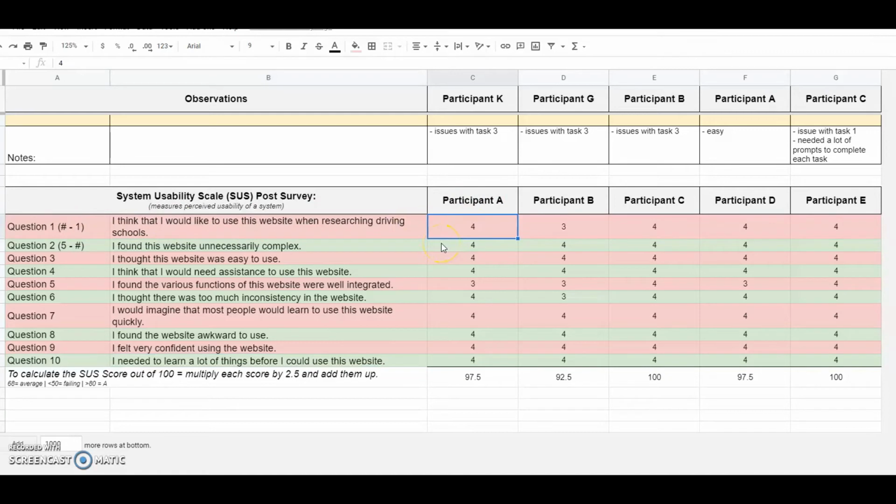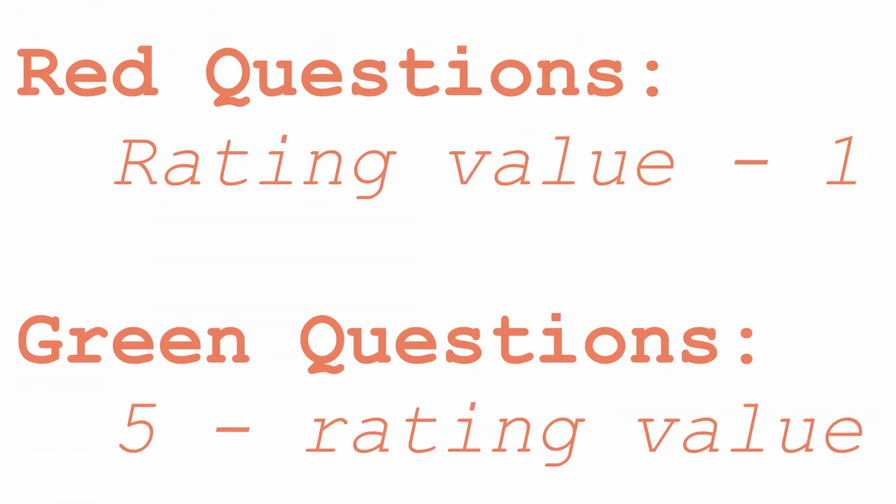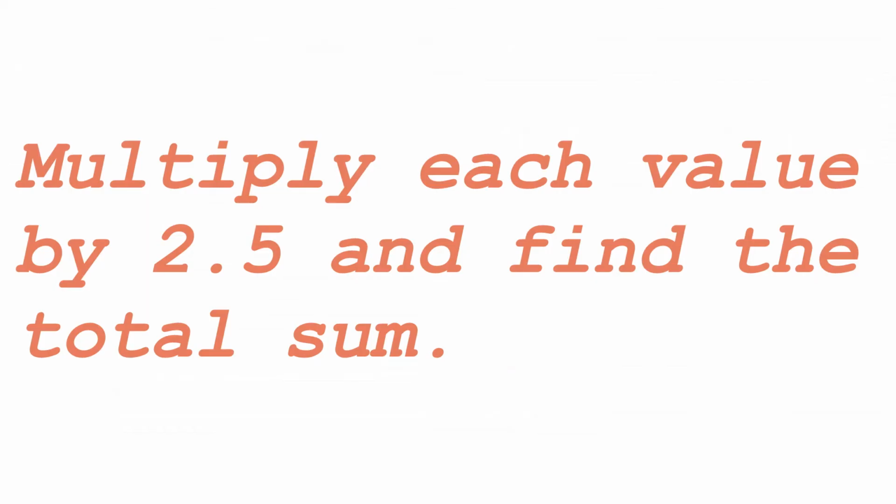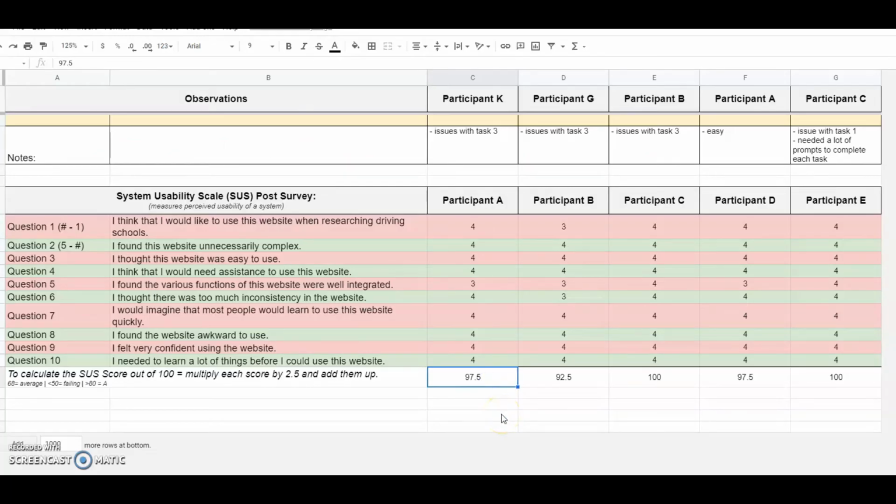And that's what I put there. And I'm essentially going to do this for every single question for every single participant. And then after that, you take each of these numbers, multiply each of them by 2.5, and then you add up the total, and that's going to give you the value out of 100.